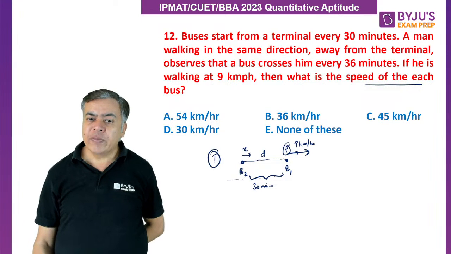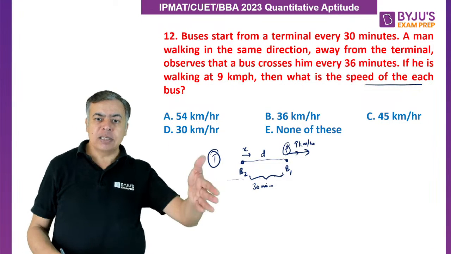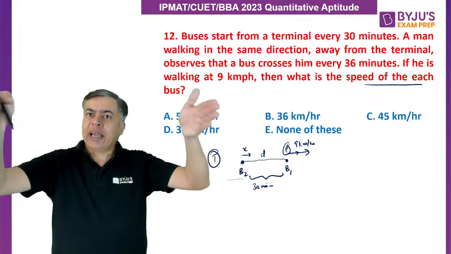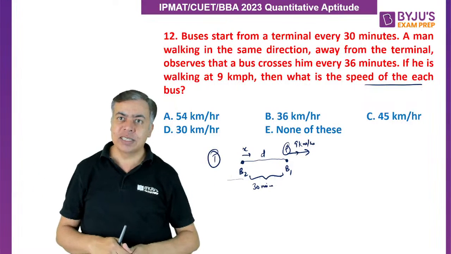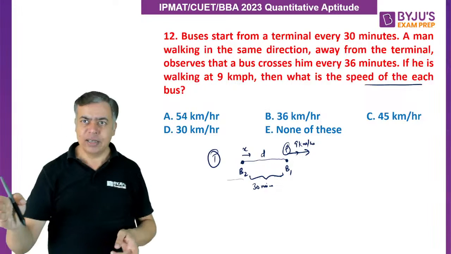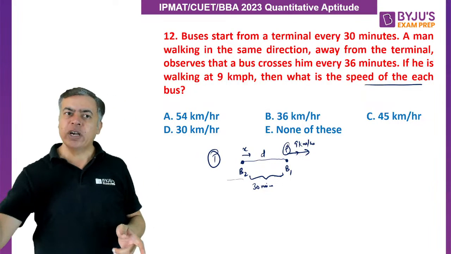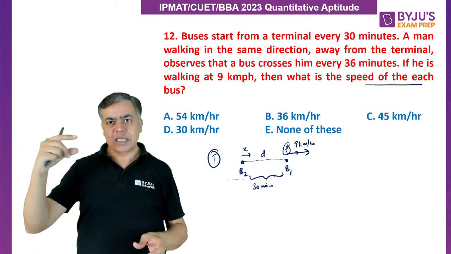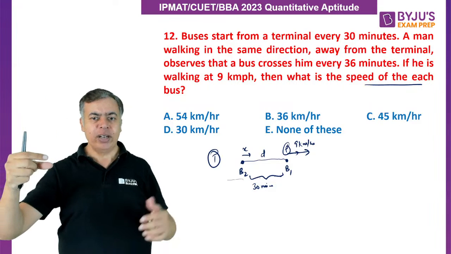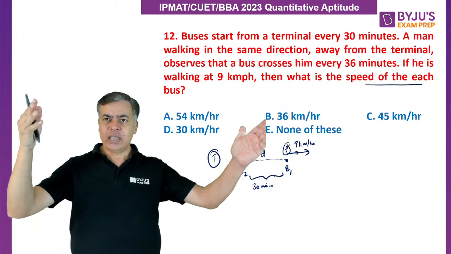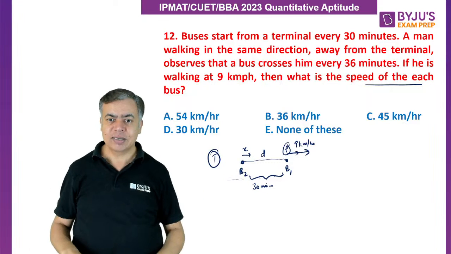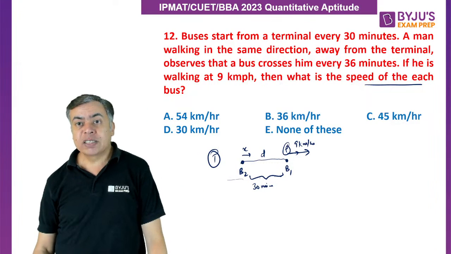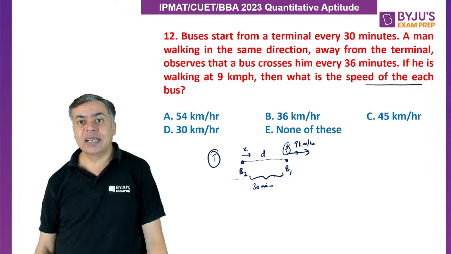The gap between B2, the bus, and that person is again d, the same distance where bus 1 was. Bus 1 was just overtaking this person, so bus 1 and that person were at the same point. So the distance between B2 and that person is the same, d. But now, because the person is moving, the bus will cover this distance at a relative speed.